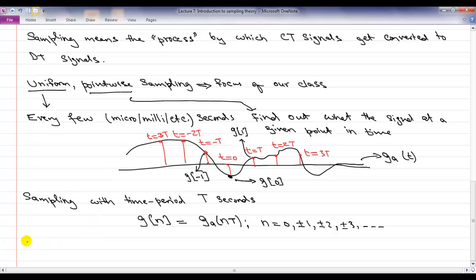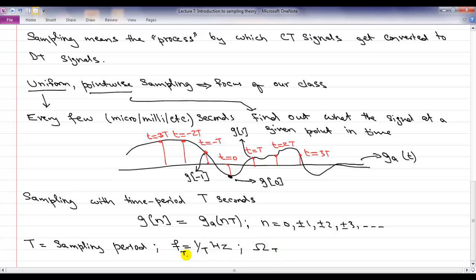In the terminology of sampling theory, this T is called the sampling period. Sometimes you are given the sampling period. Sometimes you are given the sampling frequency, and that is simply 1 over T. So if you compute 1 over T, that is in hertz, or you could be given the sampling frequency in radians per second, which is often written as omega_T.